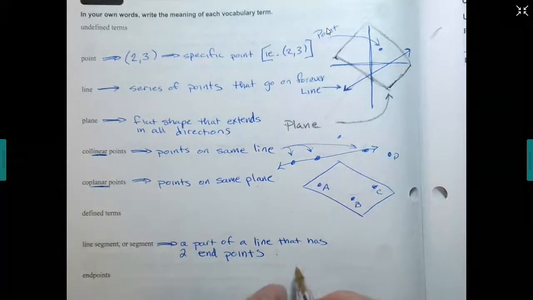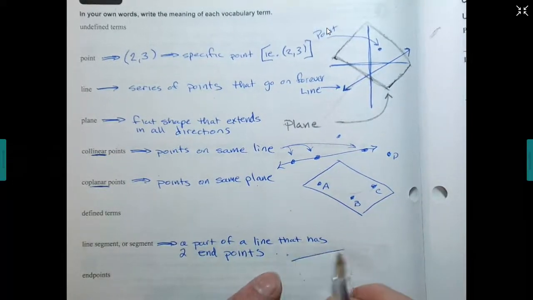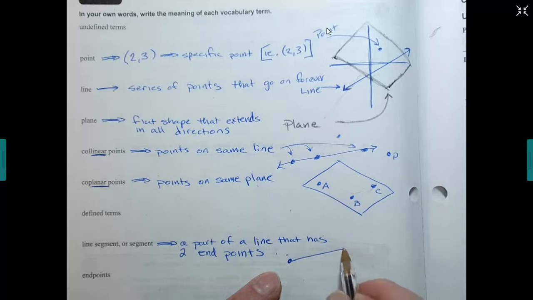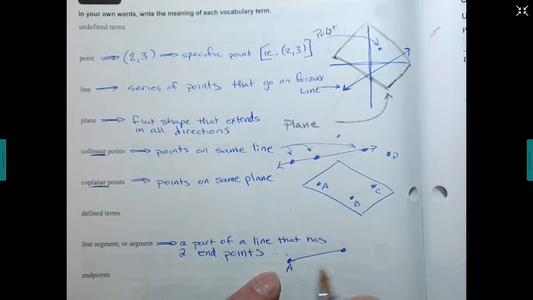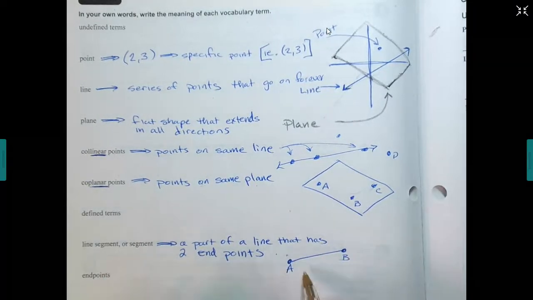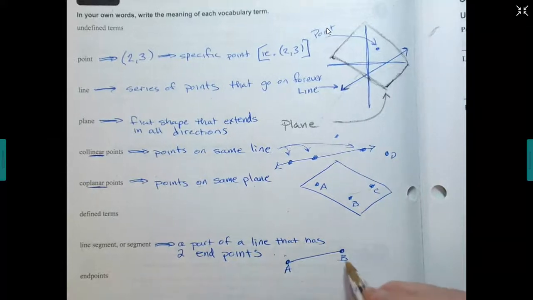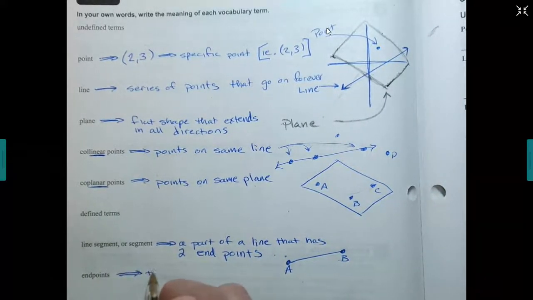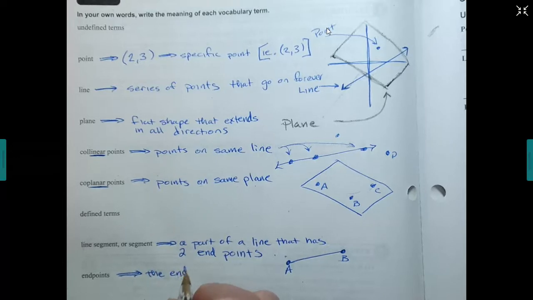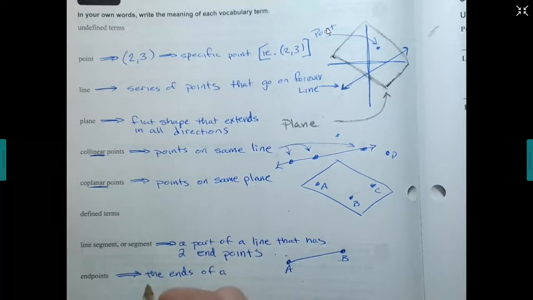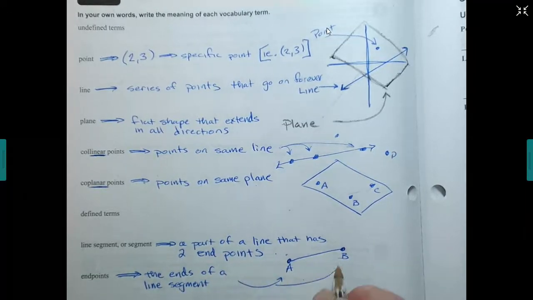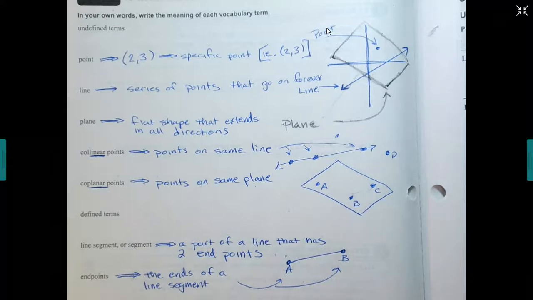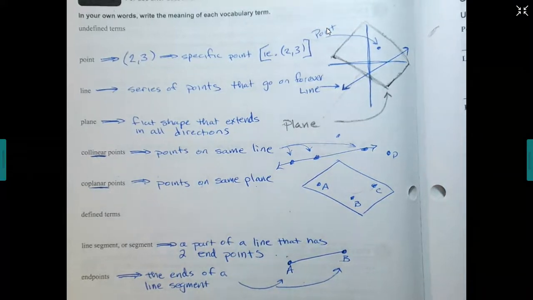So if you look at it, say right there and right there, A and B. So this is line segment AB. There's no arrow and it doesn't keep on going. Endpoints are the ends of a line segment. So there are our two endpoints right there.